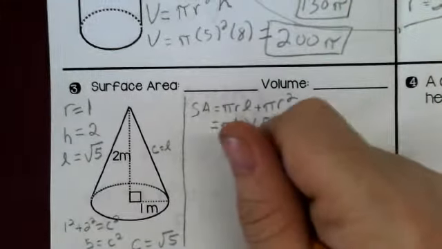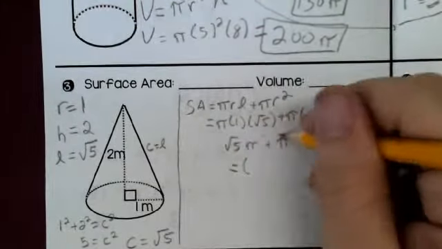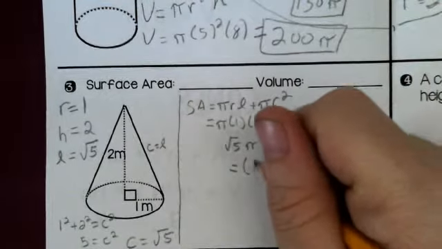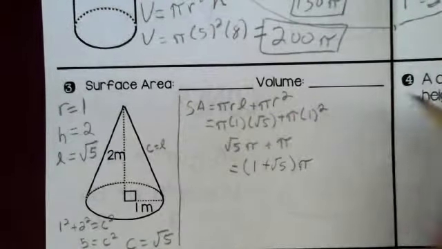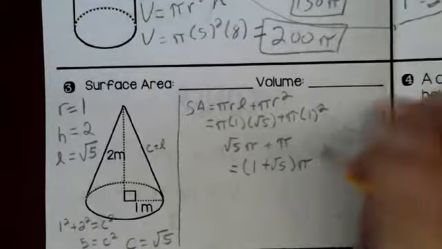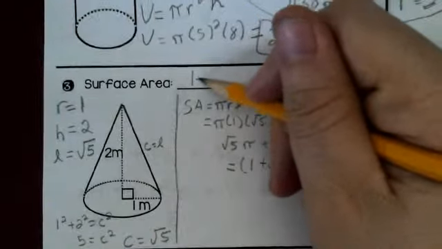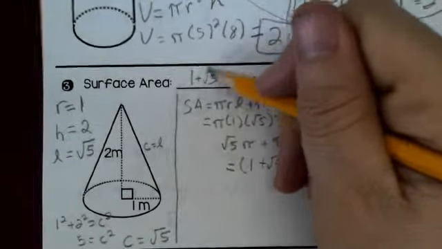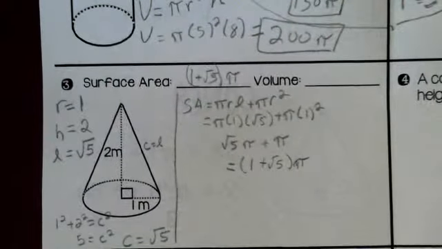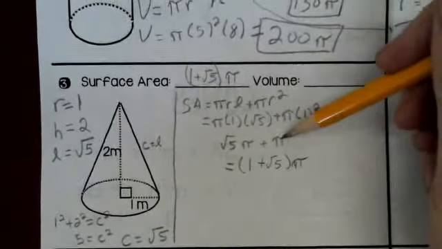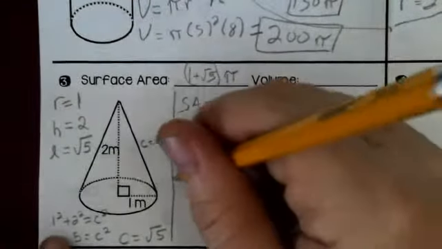But for my final answer, I'm actually going to do just a little bit of factoring. If I divide both of these things by pi, I can say that this is 1 plus the square root of 5, pi. And so I'm going to write that down as my surface area: 1 plus the square root of 5, wrap those in parentheses, pi. And again, to go from here to here, I just divided these two by pi and moved the 1 in front. So that's my surface area.